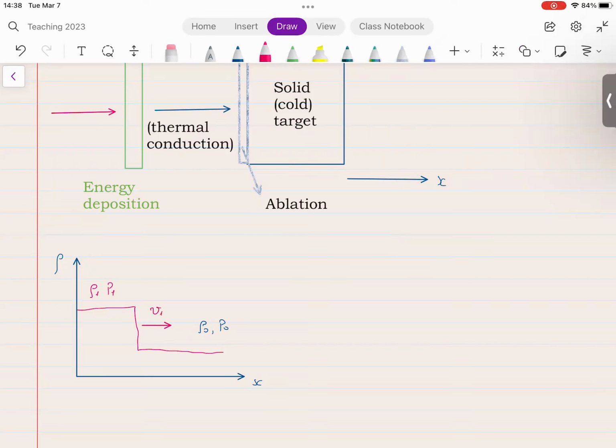Let me call it v1, or let me call it v sub s, because I will elaborate on that in a moment. Okay, now I don't want to put too many arrows here, so let me write what this is. And this is going to be my compression wave.